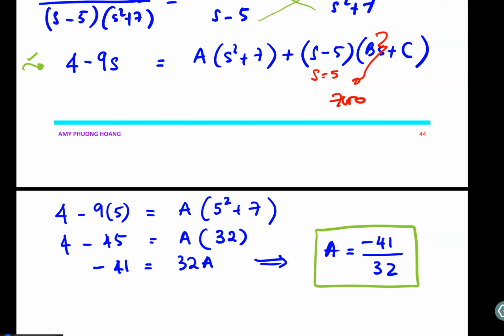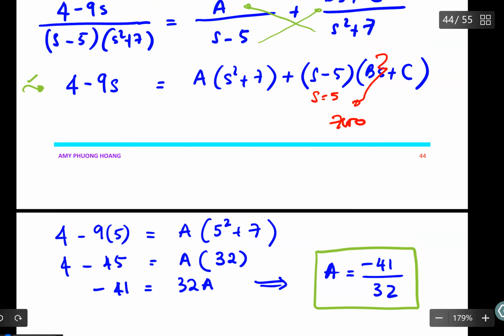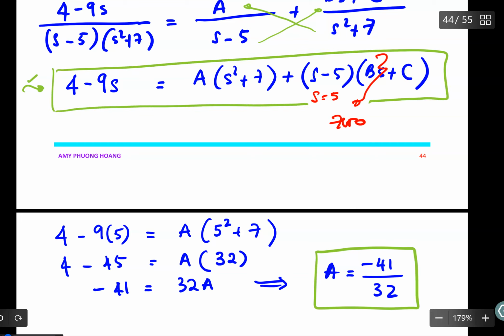Okay, so let's go back to the equation that we have. In this equation, if I let s equal to 5, I can solve for A. But now the next step is to solve for B and C. According to this, I cannot let s equal to anything to substitute in this statement to eliminate this term.